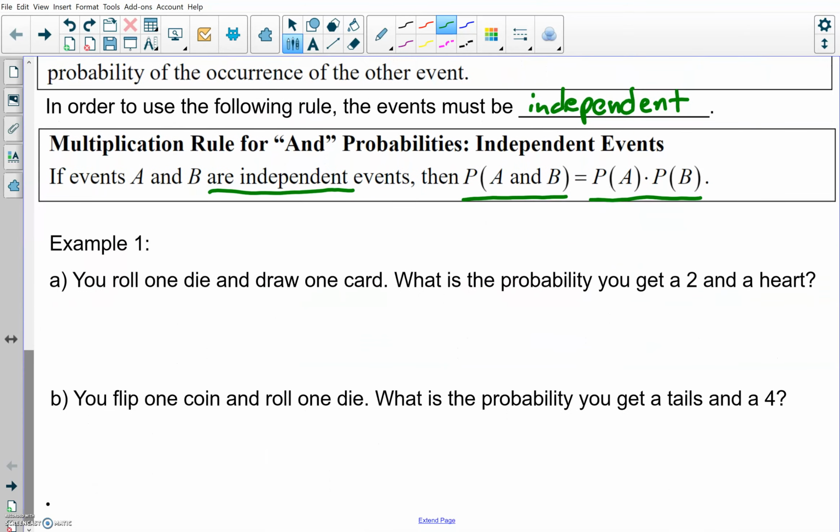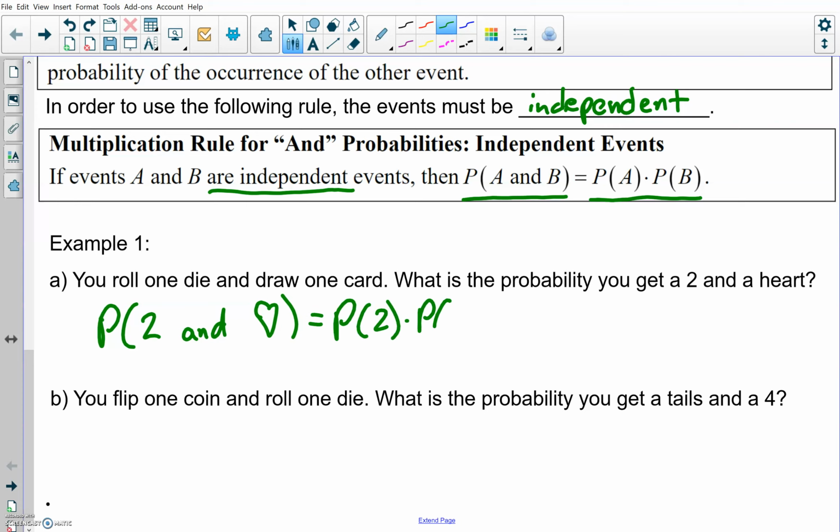So example 1, you roll one die and draw one card. What is the probability you get a 2 and a heart? Well, the probability of 2 and a heart would just be equal to the probability of a 2 times the probability of a heart, because rolling the die is not going to affect what's happening when you draw the card.